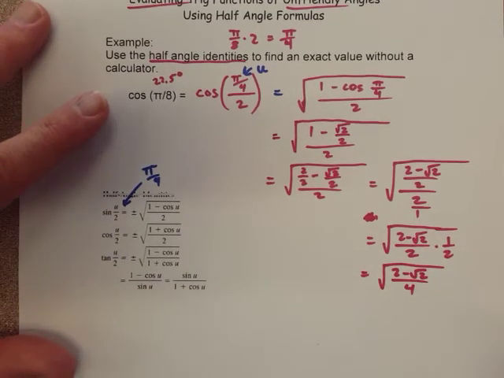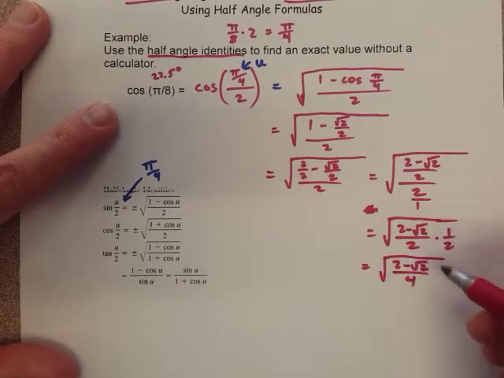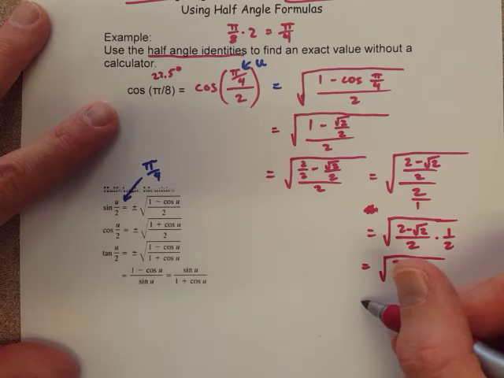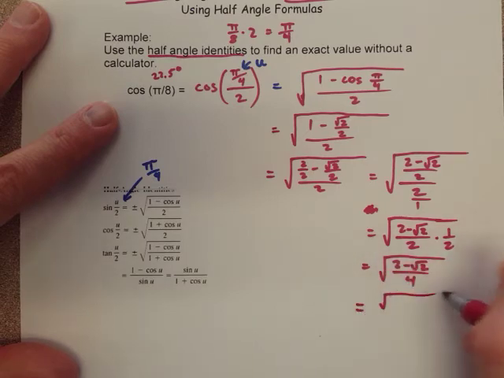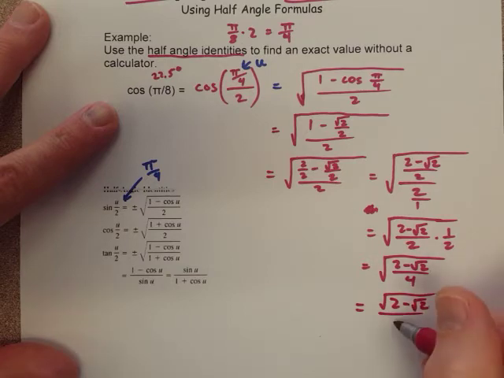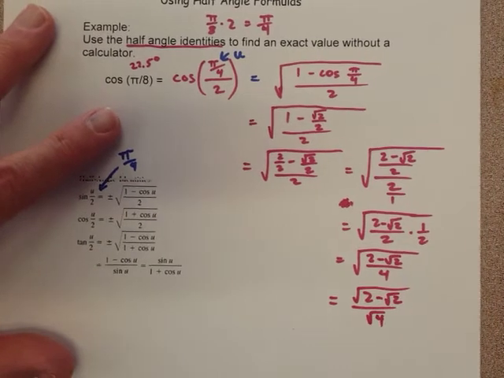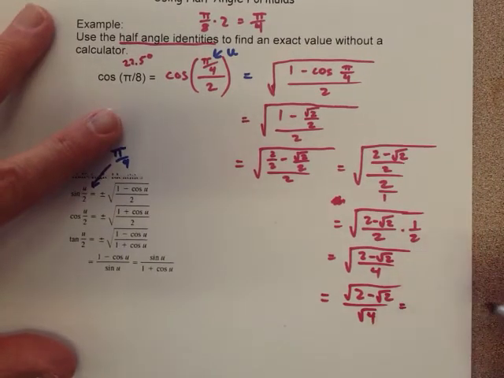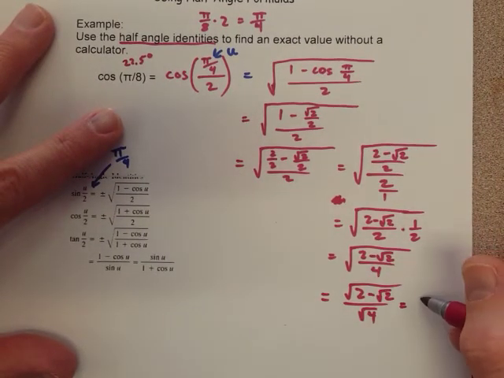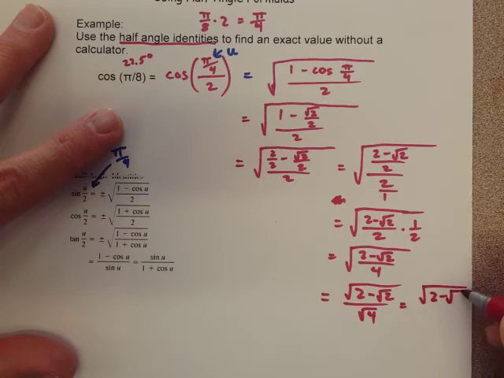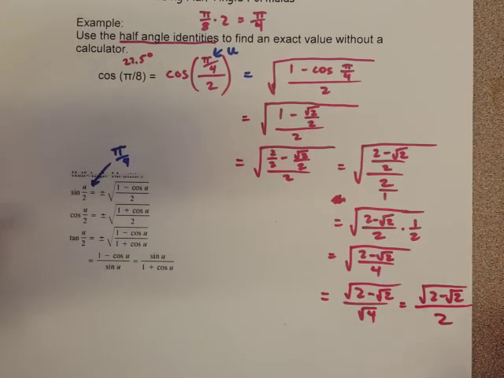We're getting a lot closer now. Remember that with a square root on a fraction, you can split it up into top and bottom. That's the same thing as square root of 2 minus square root of 2 over square root of 4. The top has to stay as it is, 2 minus square root of 2 inside the square root, but square root of 4 is 2. So it pretty much all comes down to 2's in this problem.